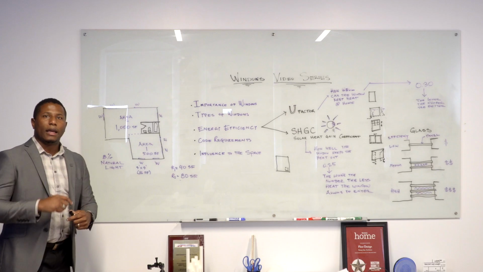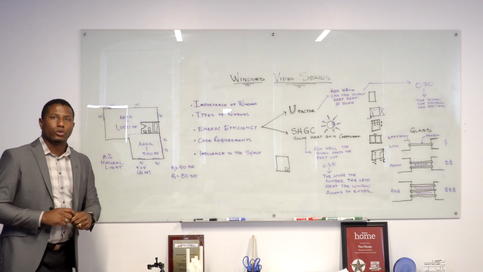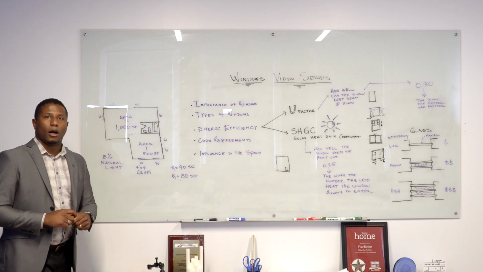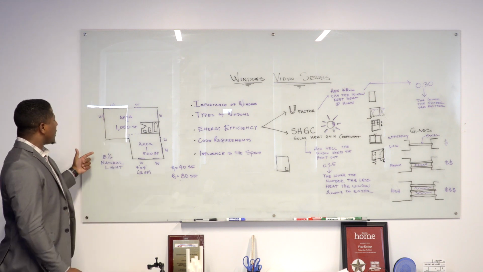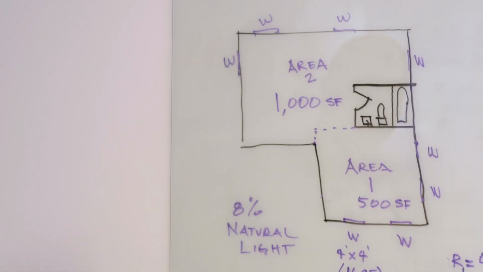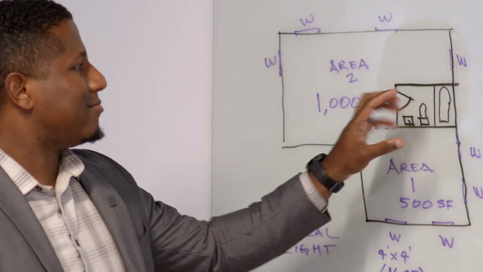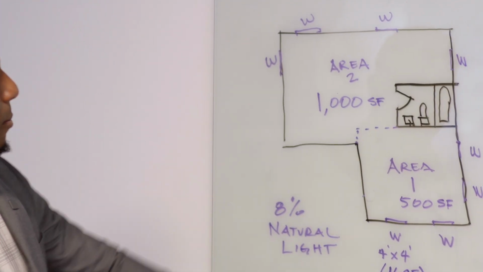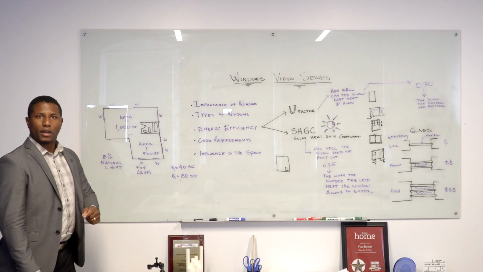You can look at the International Residential Code for these numbers that apply to you and your specific locations and things like that. So let's imagine it's 8%. So what does that mean in plan? Let's say a bathroom, you're not really living in it, so that is discarded, but you are living in this area 1, and that area is 500 square feet.